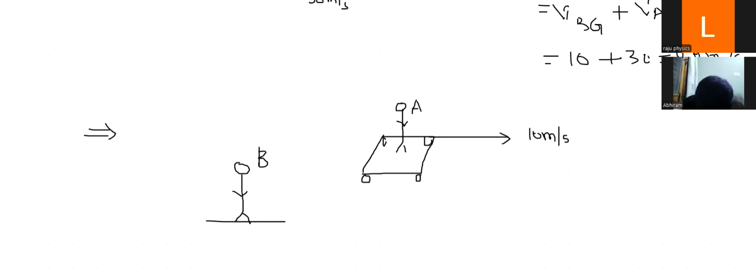This is the observer. Listen very carefully. What is the relative velocity of A with respect to B?